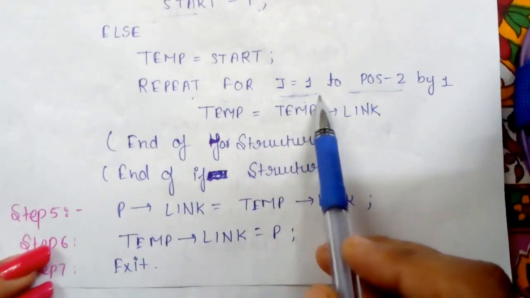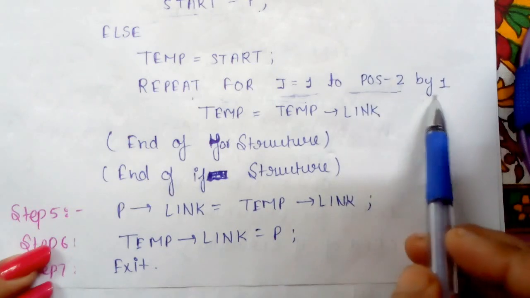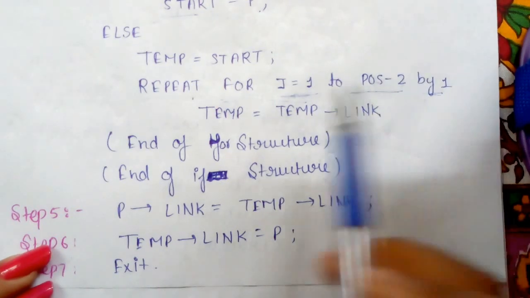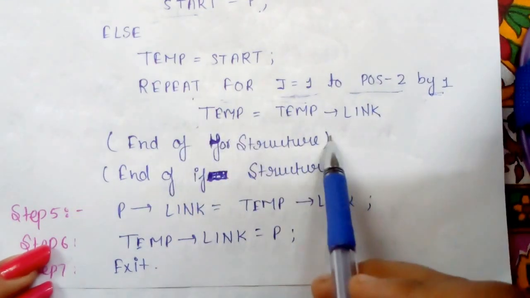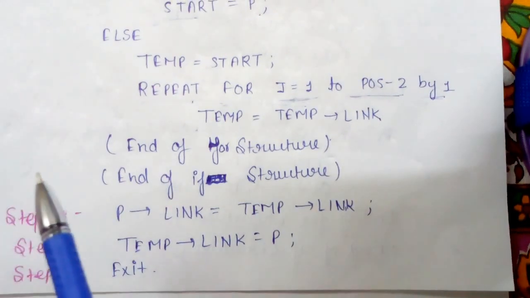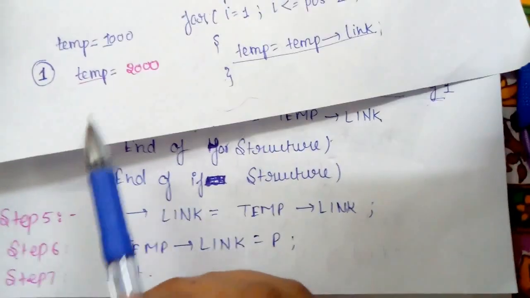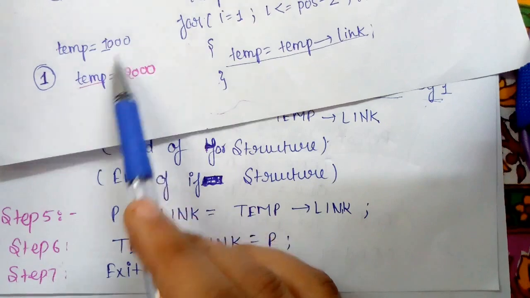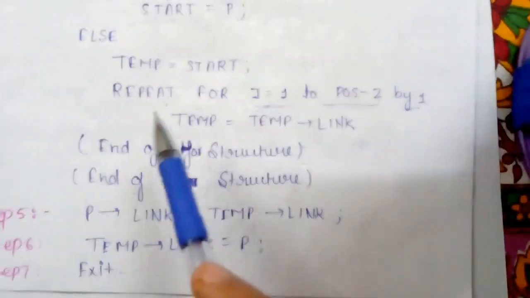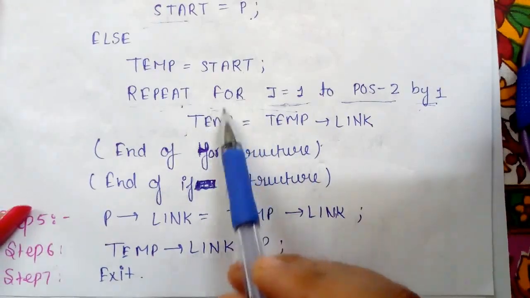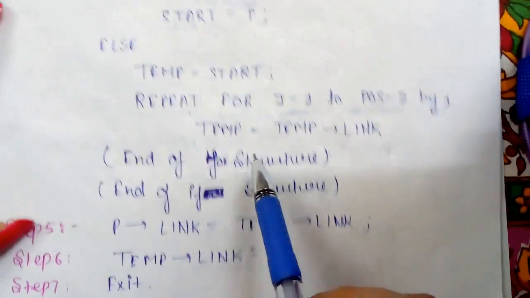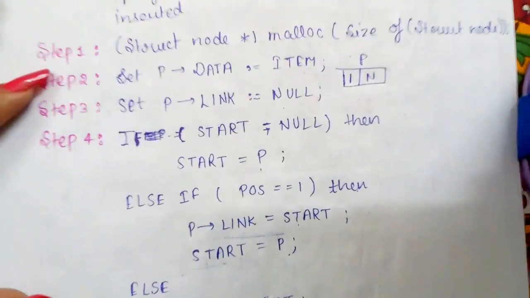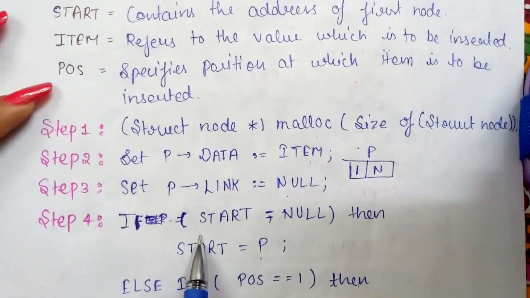So I equal to 1 to position minus 2 by 1, means it will increment by 1, and temp is equal to temp link. Means if earlier temp was at 1000, now temp will be temp link, so temp will now point at 2000. This is the end of the for structure, and then the end of the if structure, which I started here.